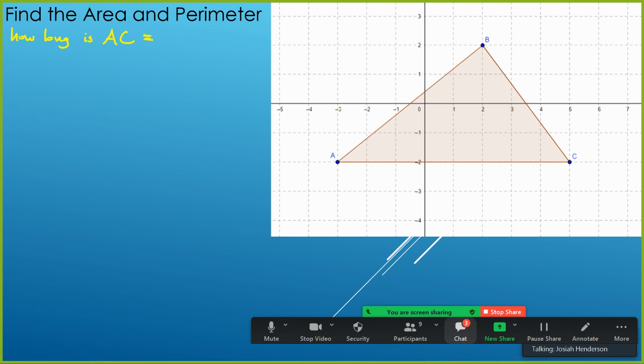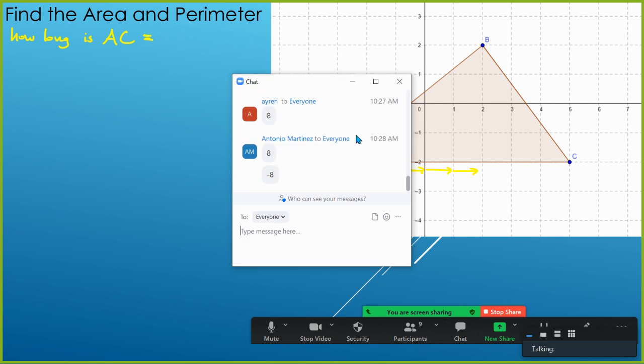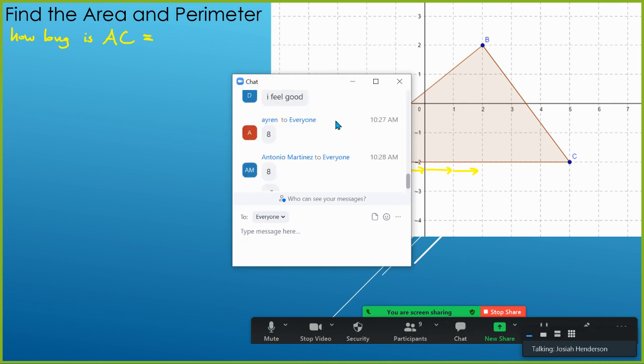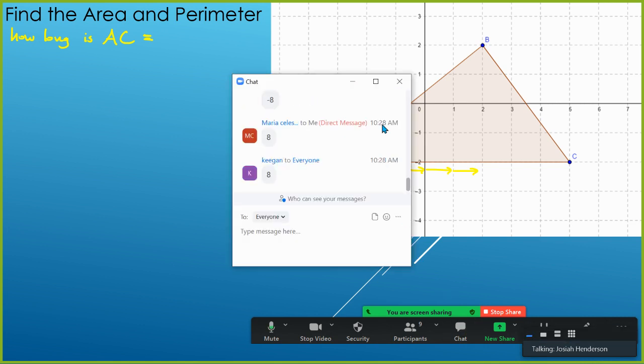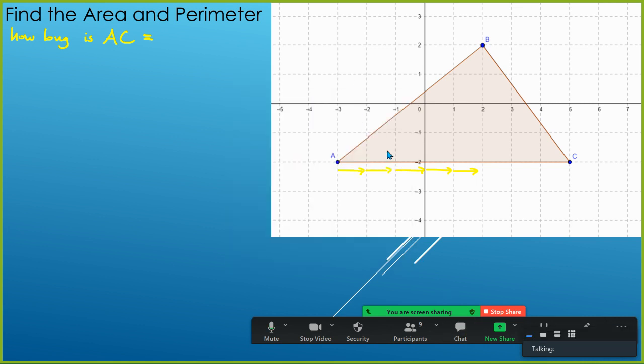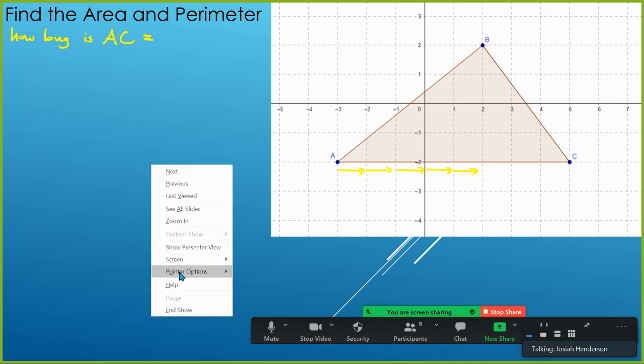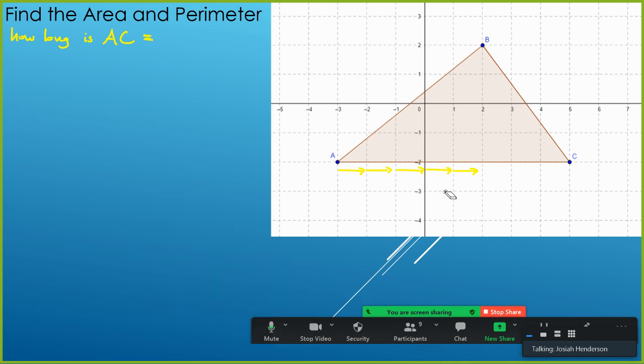They're just looking at first point A, last point C, and counting how many squares it takes to get there, how many units it takes to get there. Awesome. Aaron and Antonio and Manaya. Okay, thank you three, and here's some more. Keegan and Maria. Woo! Yeah, totally. And all of you who answered said the same thing. So it is 8. Good job.